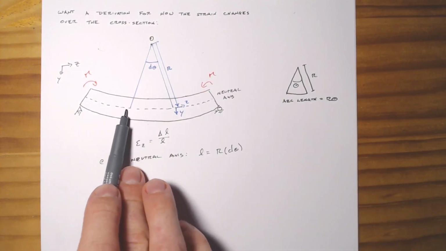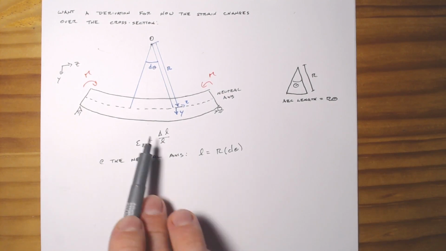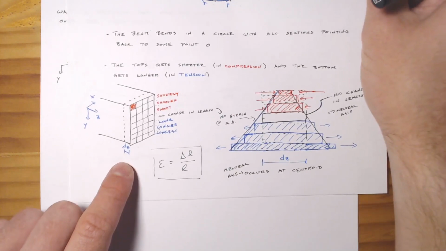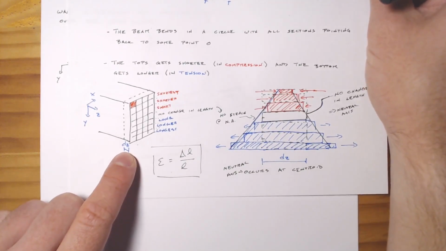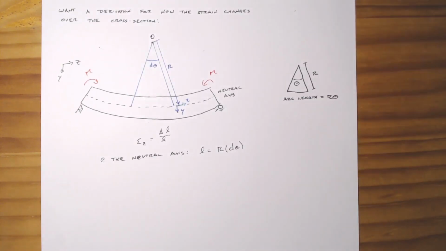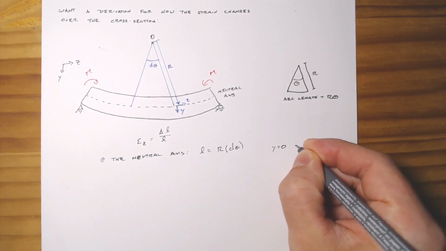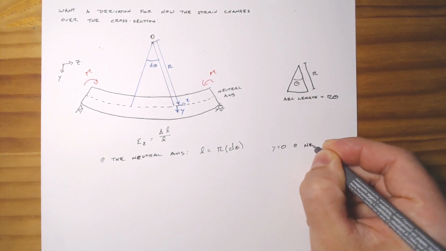And this gives us what the length of this infinitesimally small delta z is once it's been bent around. Then we'll set up our coordinates where y equals 0 at the neutral axis.